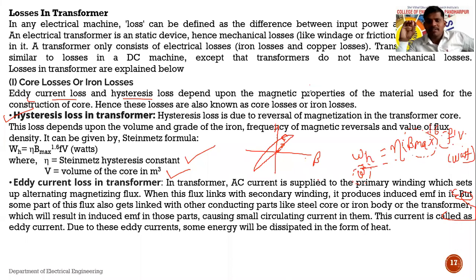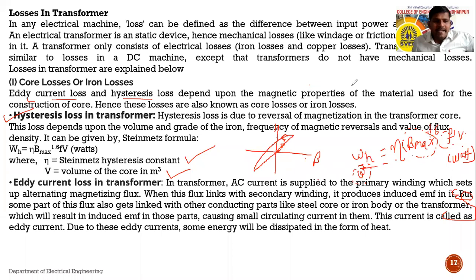So the equation becomes, according to Steinmetz's formula, WH equals eta B max raised to power 1.6 into F into V, in watts. So this is related to eddy current and hysteresis loss.